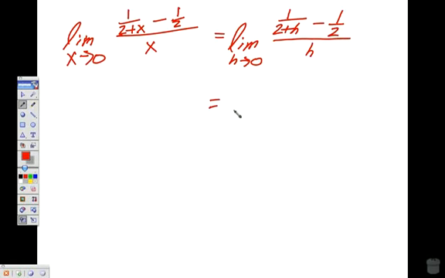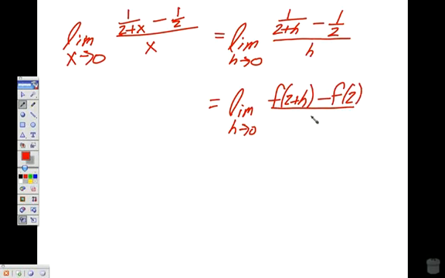In other words, this is the limit as h approaches 0 of f of 2 plus h minus f of 2, all over h. That was a typo before.